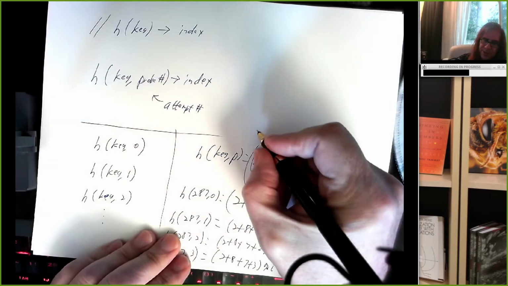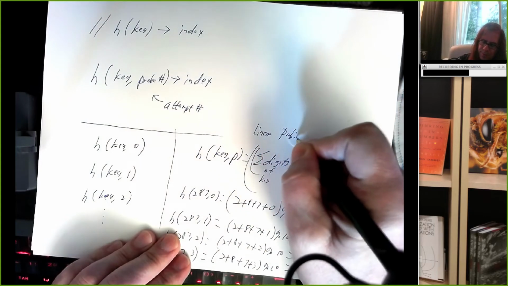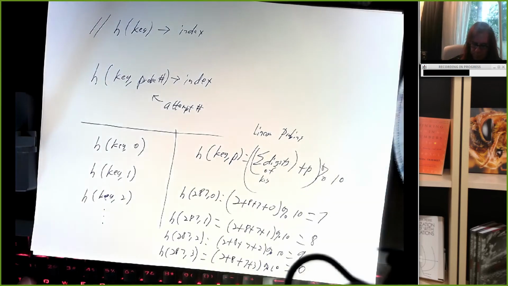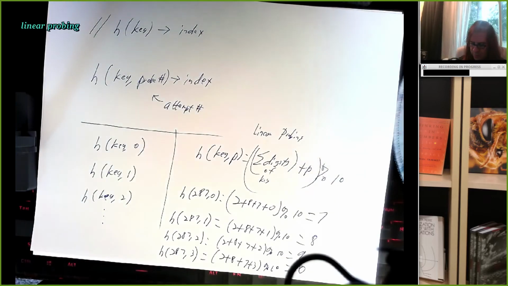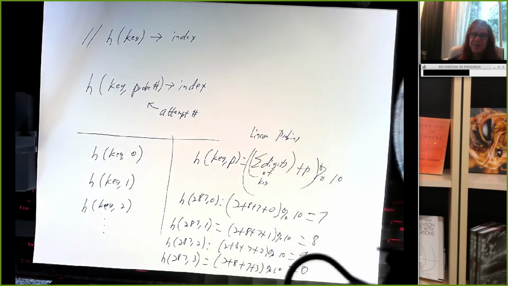So this is called linear probing. And it's effectively just looking for the next available spot.